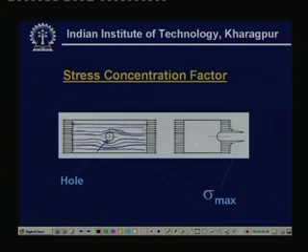If you arrange stress lines going through this width of the section, then obviously the same number of stress lines go past a zone where they are compressed. That gives rise to stress intensities, defined as sigma max in this situation. This situation is taken into account in design by a factor called the stress concentration factor.